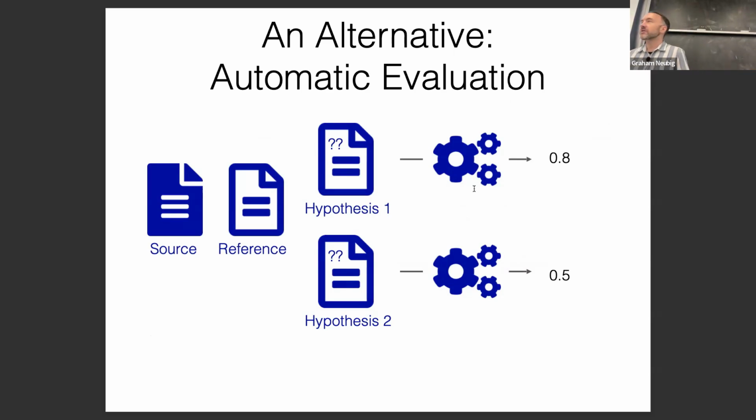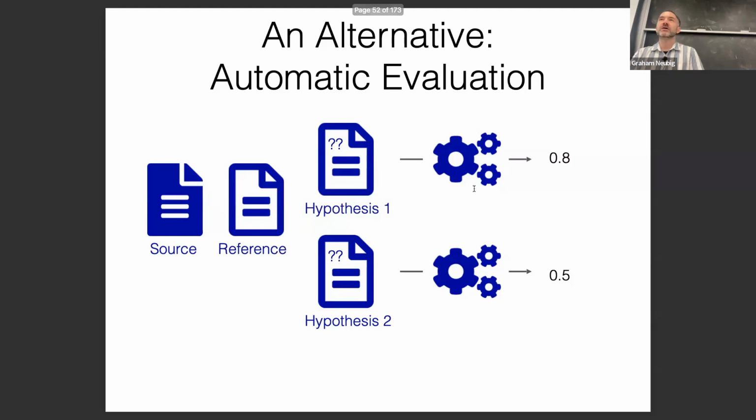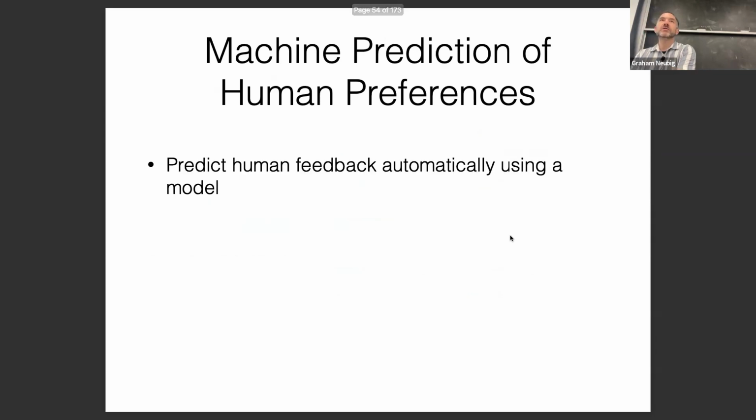So these are some varieties of human evaluation. There's also automatic evaluation, which is called a bunch of other things too. One popular name is using LLMs as a judge. The way it works is you feed the output into a model or system, and it gives you an output indicating how good the system output is. The most common way to do it is through machine prediction of human preferences.